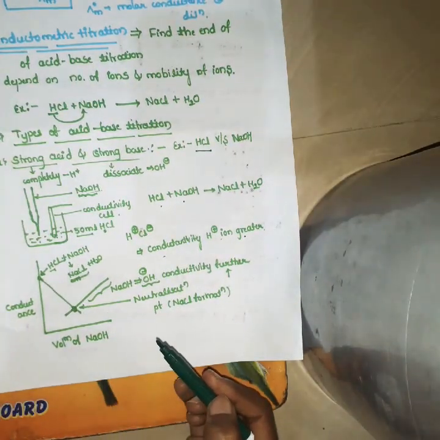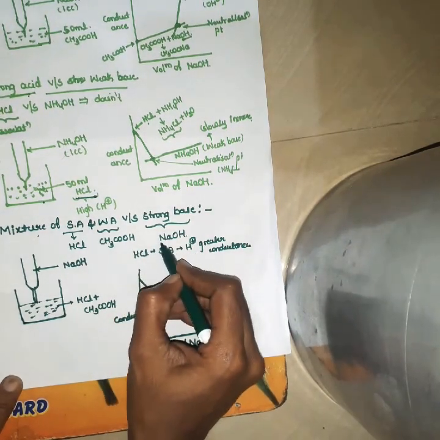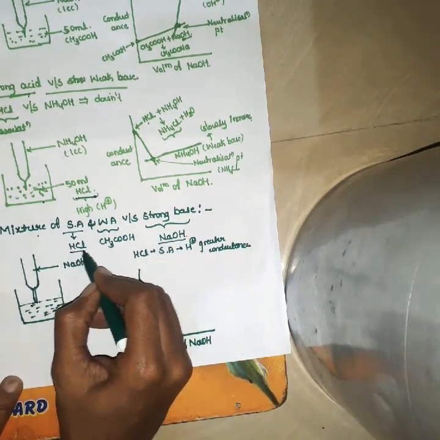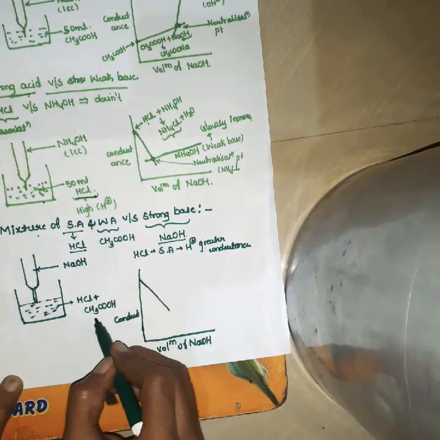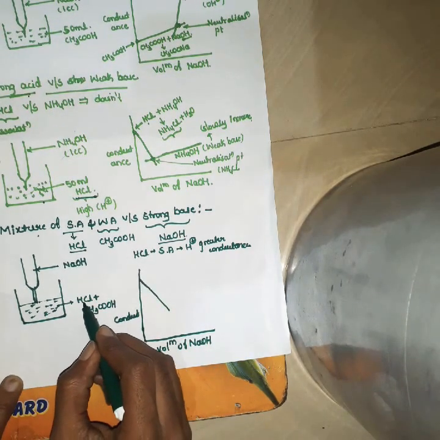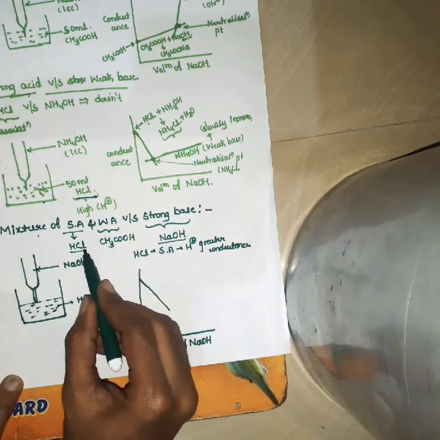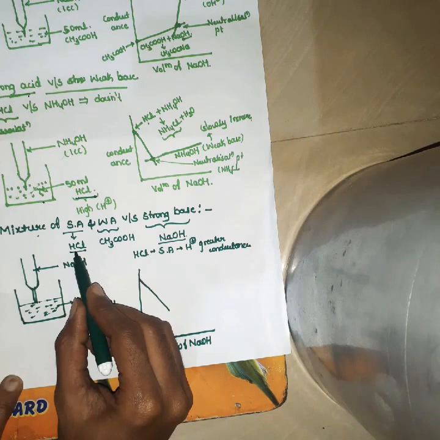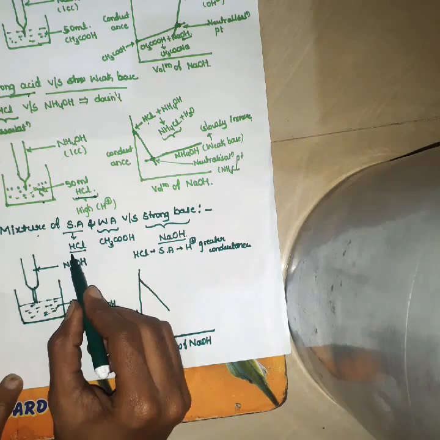Here it is also the same. First NaOH reacts with HCl only. The beaker contains both the strong acid and the weak acid, but NaOH reacts first with HCl because it is a strong acid and dissociates easily.